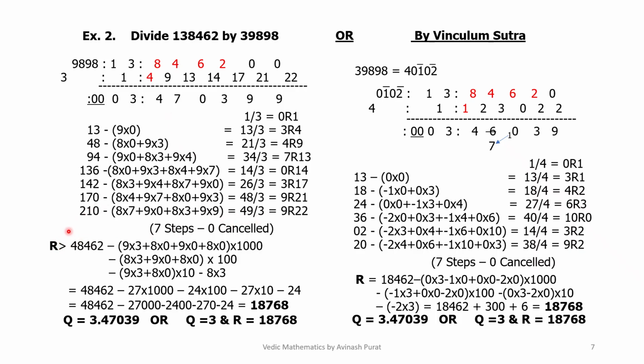So remainder is 48462 minus 9 into 3 plus 8 into 0 plus 9 into 0 plus 8 into 0 multiplied by 1000, minus 8 into 3 plus 9 into 0 plus 8 into 0 multiplied by 100, minus 9 into 3 plus 8 into 0 multiplied by 10, minus 8 into 3.